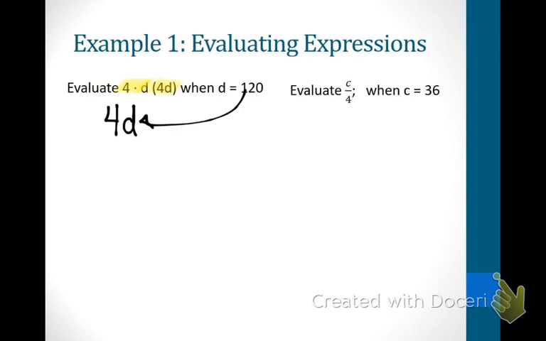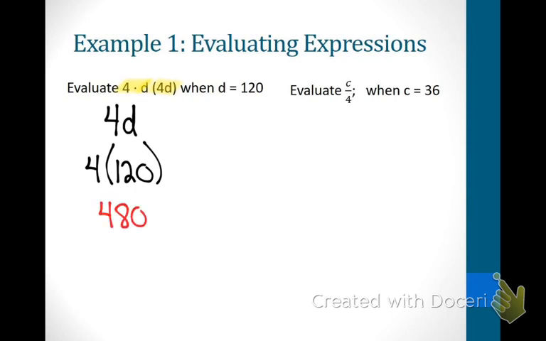When a number and a variable are next to each other, it's multiplication. So I have to use parentheses to show multiplication, because if I just plug in 120, it's going to look like 4,120. I have to use parentheses to show multiplication when I substitute, and 4 times 120 is 480. So I have now evaluated that expression. Substitute the value and solve.